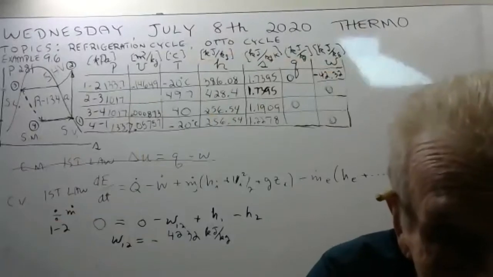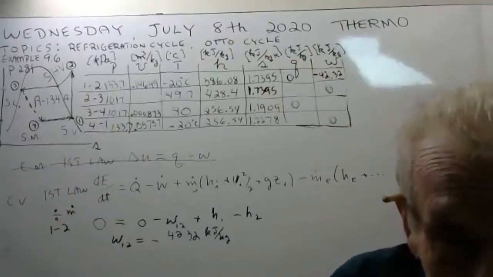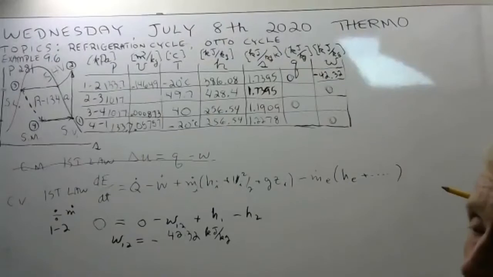How come, Cameron? Why is it negative? Unmute. Earth calling Cameron. Why is the work per mass negative in process 1 to 2, Cameron? Cameron's on a coffee break.